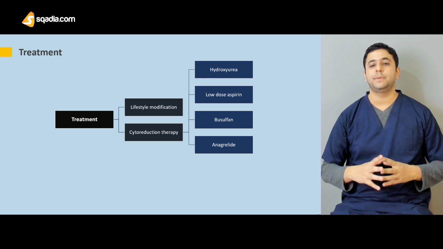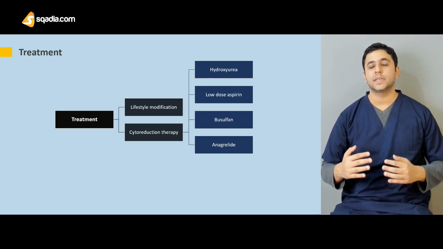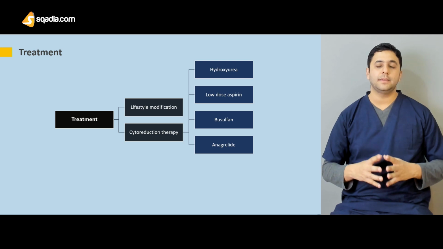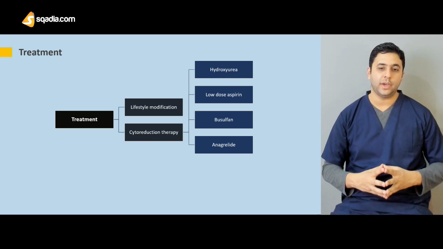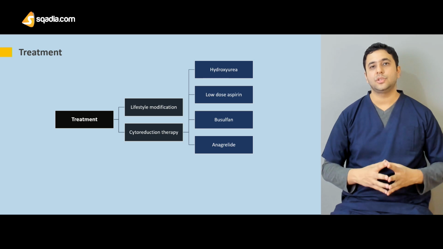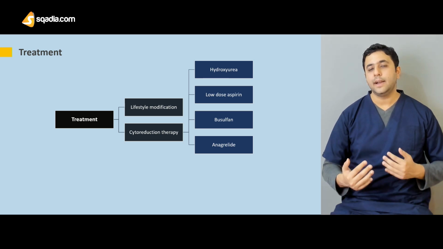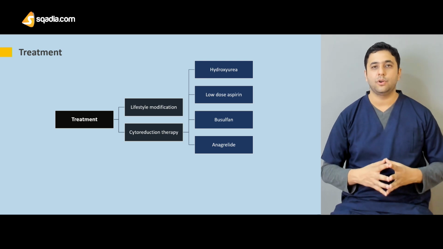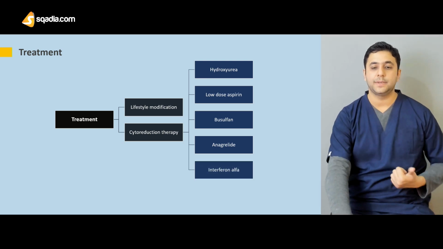But if we compare the data of hydroxyurea with anagrelide, hydroxyurea has a better toxicity profile in treating essential thrombocytosis. So anagrelide has been used historically, but it has mostly been replaced by hydroxyurea along with aspirin.